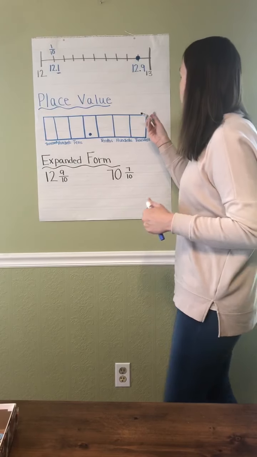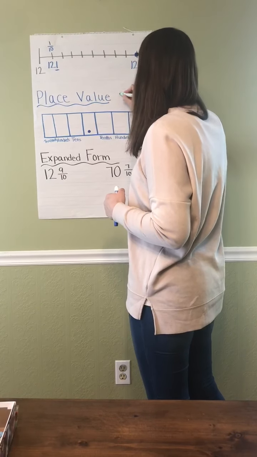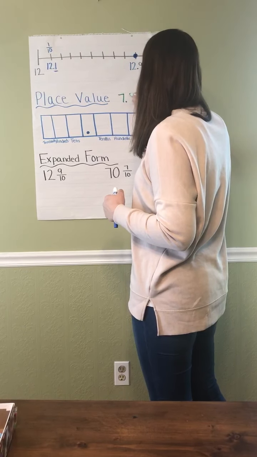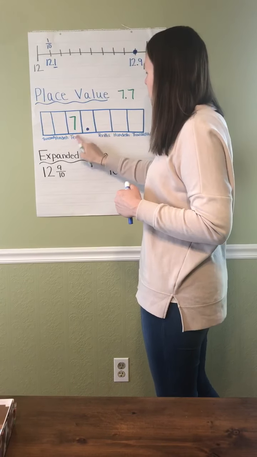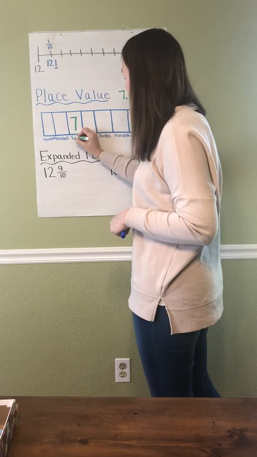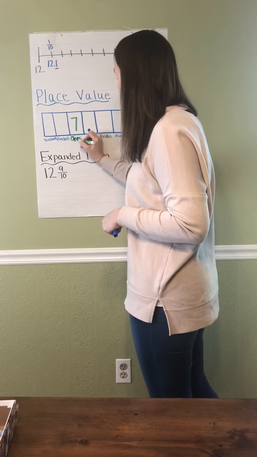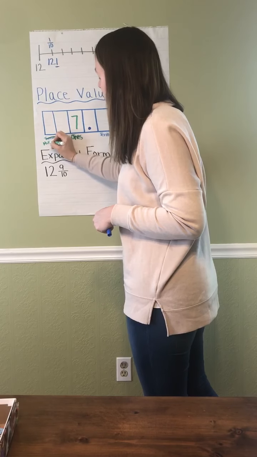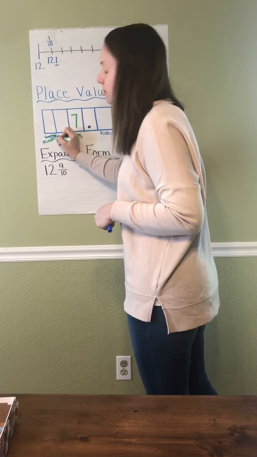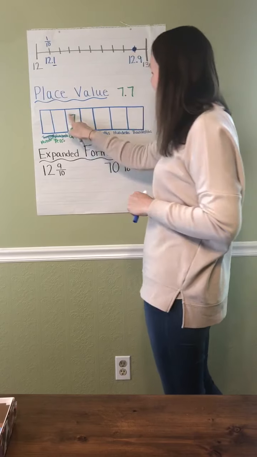So if I was going to write, let's see, say 7.7, and I was going to put that in my place value chart, this got messed up, this should be ones, huh? Ones, tens, hundreds. Whoops. So anyways, here's my ones, right?